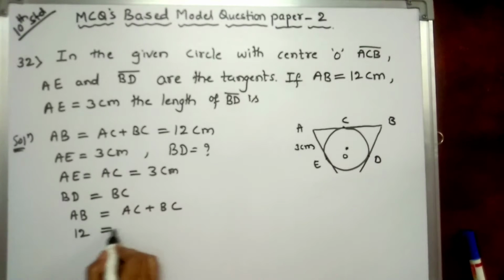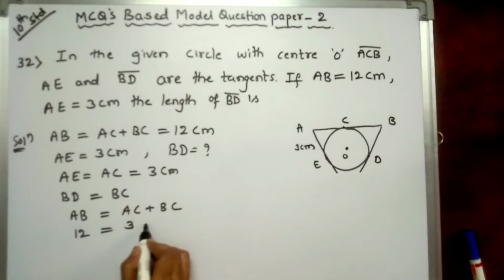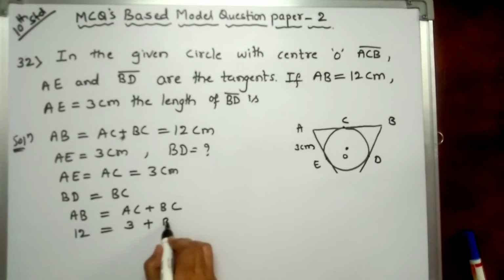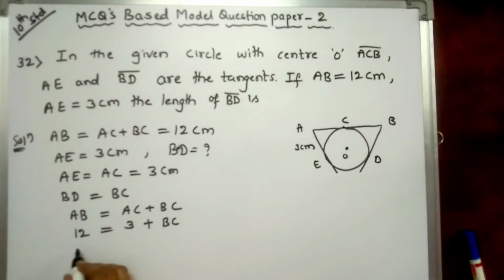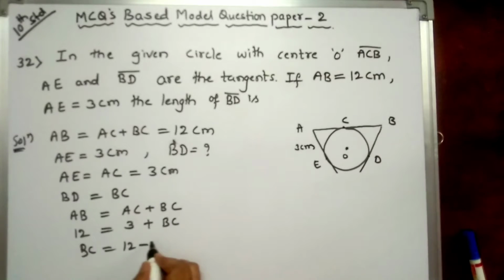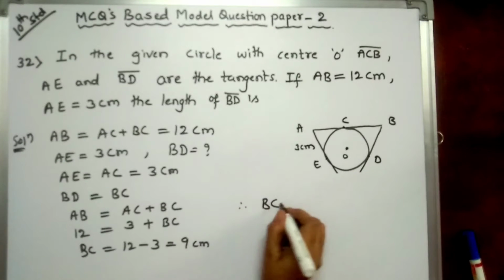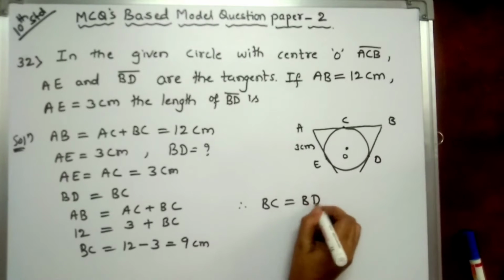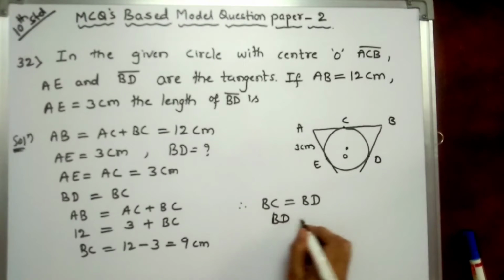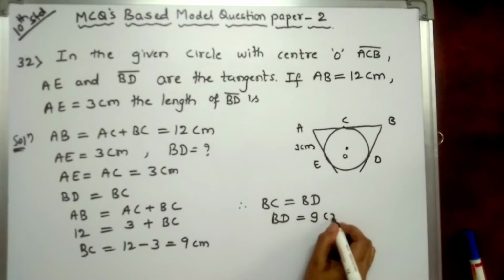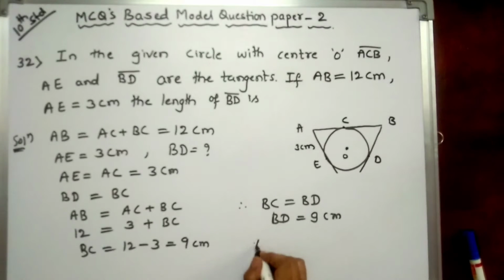AB is 12, AC is 3 plus BC. So BC is equal to 12 minus 3, which is 9 centimeter. Now this BC is equal to BD, tangents are equal. So BD is equal to 9 centimeter. So option D.